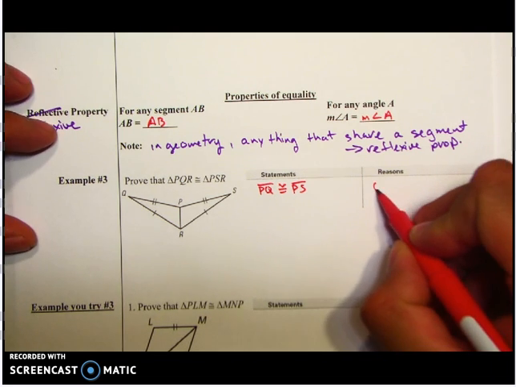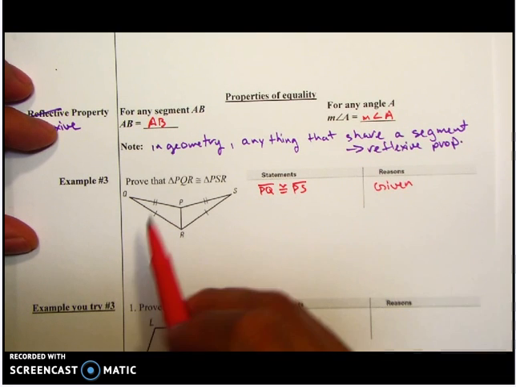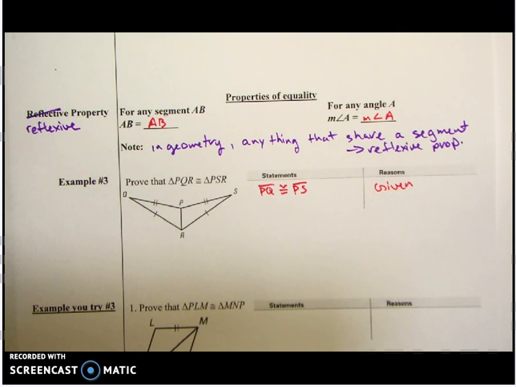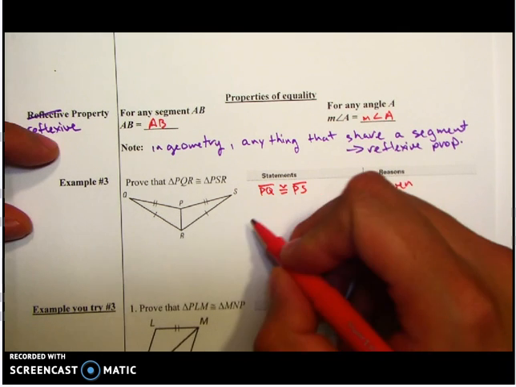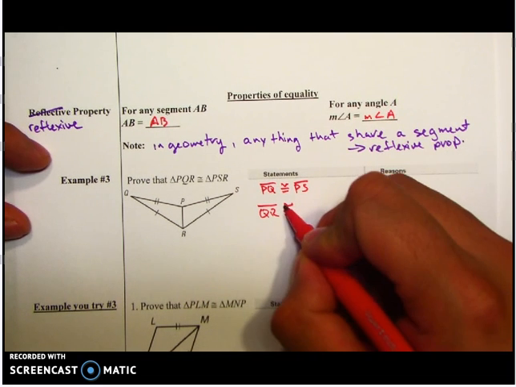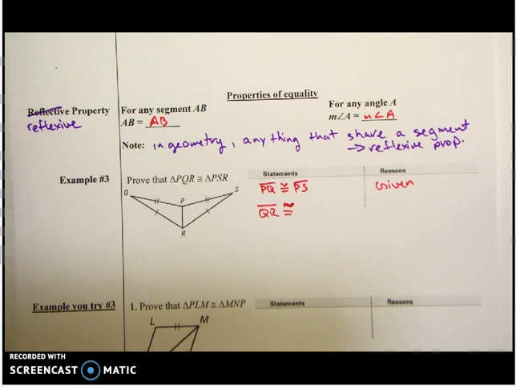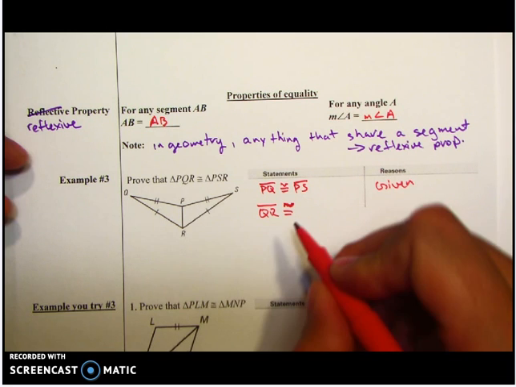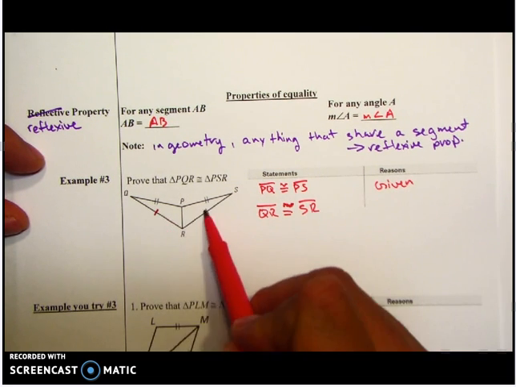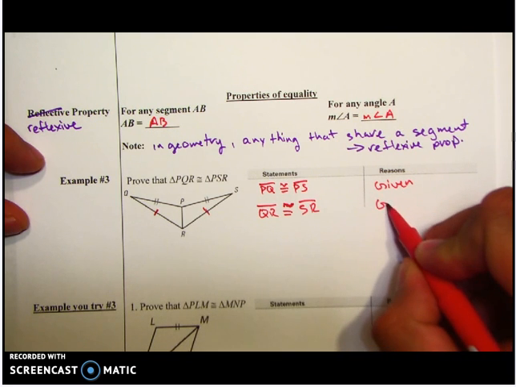Given. Again, because the information is given to you that these two are the same. Let's see what else. Oh, we have QR. It's definitely congruent to what? SR. And again, you can see the tick mark here, so that's going to be given.